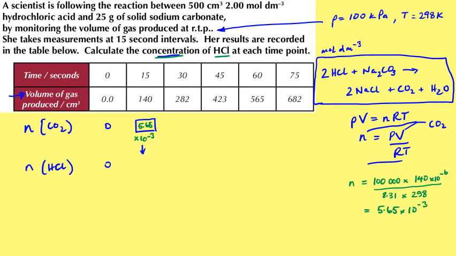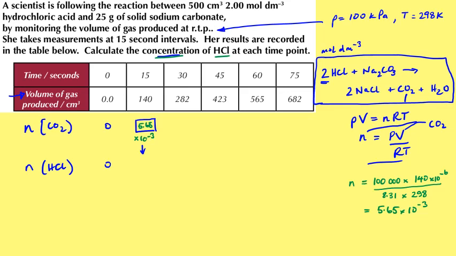So from the balanced equation, we can see that for every 1 mole of carbon dioxide that is made, we would use up 2 moles of hydrochloric acid. In this case, we have made so far 5.65 times 10 to the minus 3 moles of carbon dioxide. So we must have used up twice that.